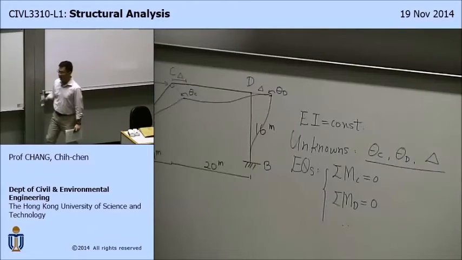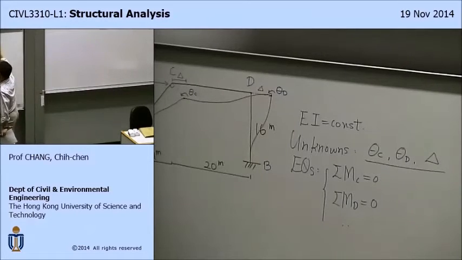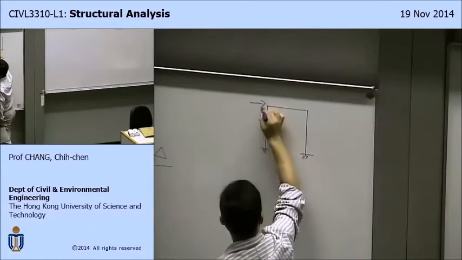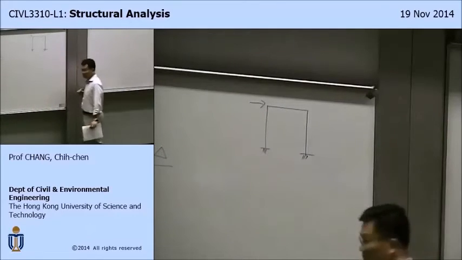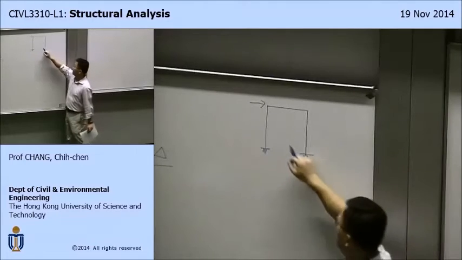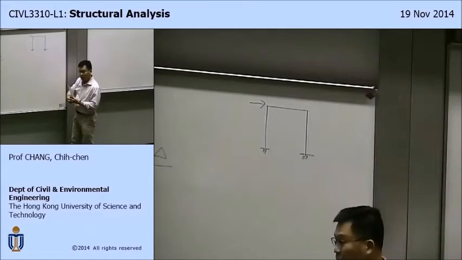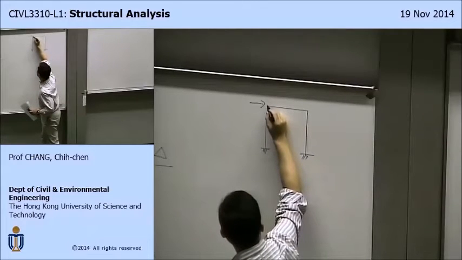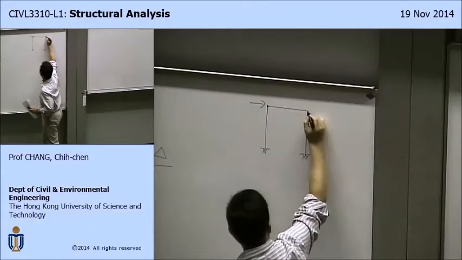Now, previously, if this is like that, it's very similar, except that it's rectangular. So this is what we will do. I establish equilibrium here, equilibrium there.